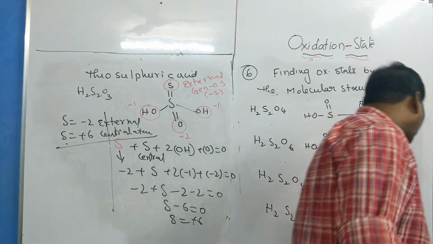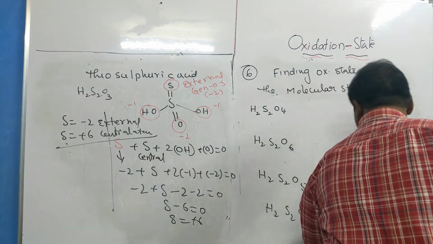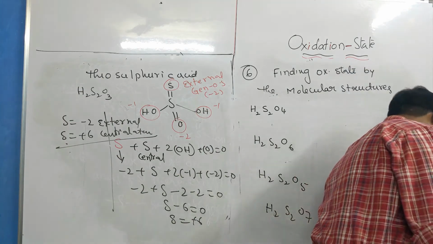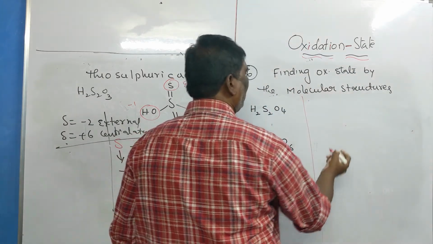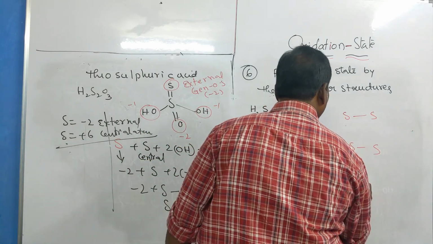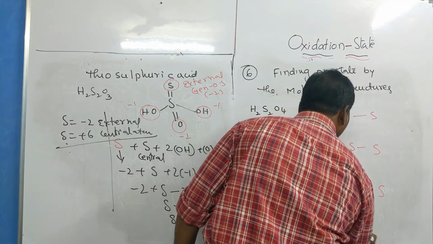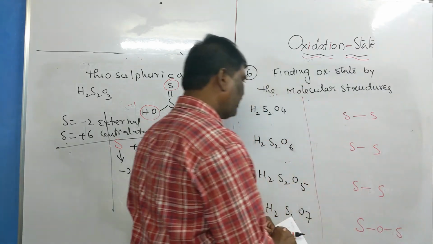I will repeat the geometries once again. Now you remember, in all these, what is found? Sulfur single bond sulfur is found, whereas in the last case there is a sulfur oxygen sulfur linkage.